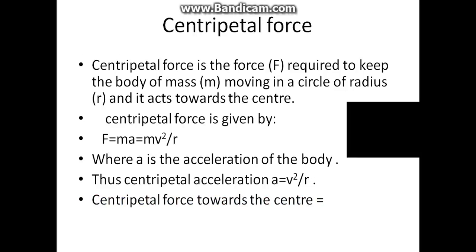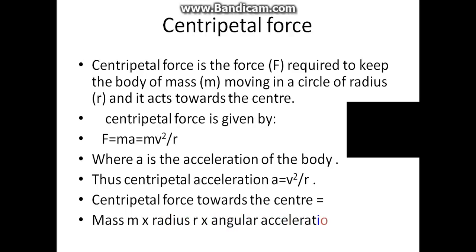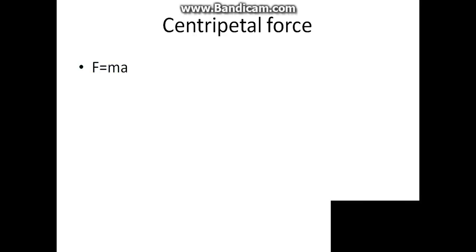Centripetal force towards the center is now equal to mass m times radius r times phi squared, which gives us m r phi squared. Centripetal force F is equal to ma. F is equal to mv squared over r, or F is equal to mass times radius times phi squared.